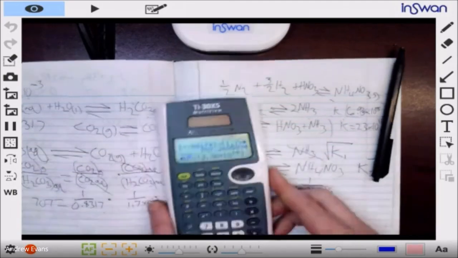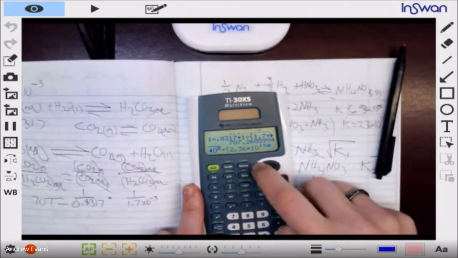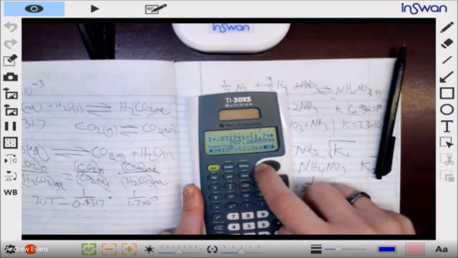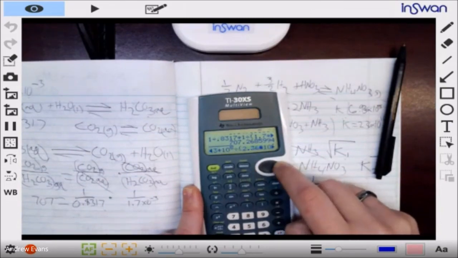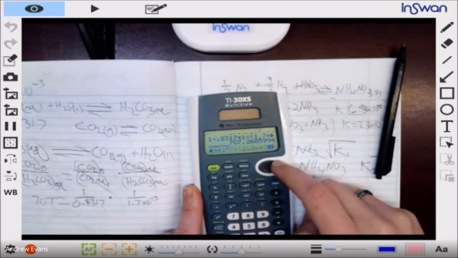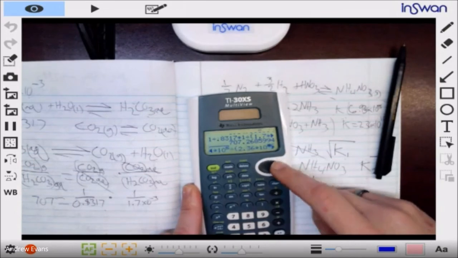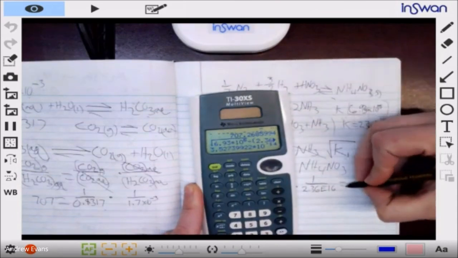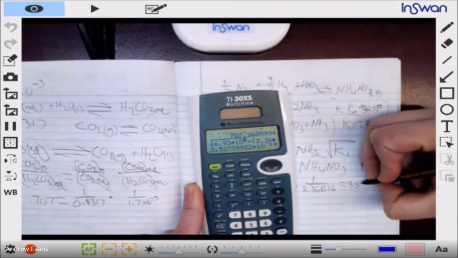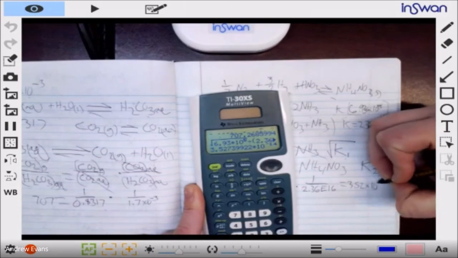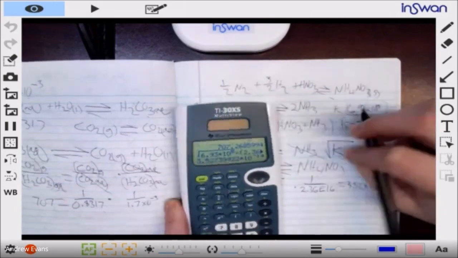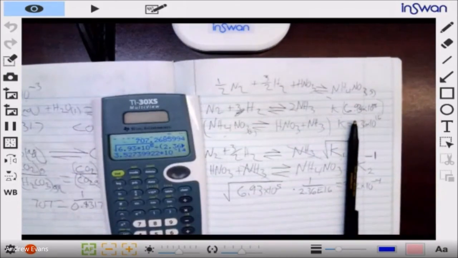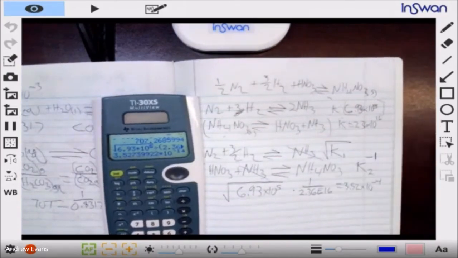I type in the first number square rooted divided by the whole second number in parentheses, and I get 3.52 times 10 to the -14th. Is that a big number? Oh no, that's really small.